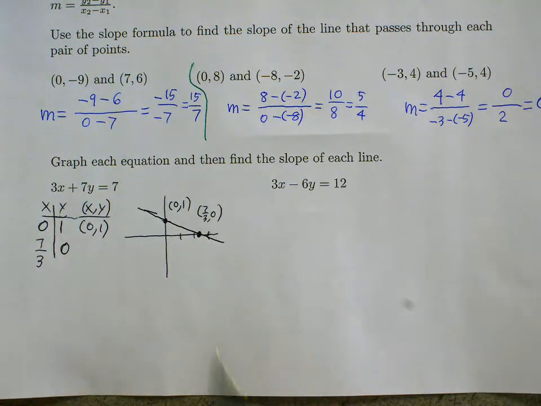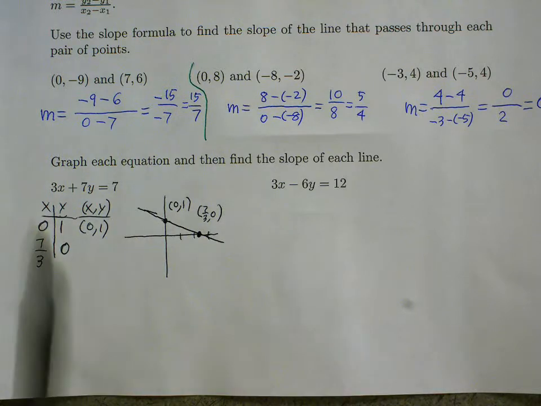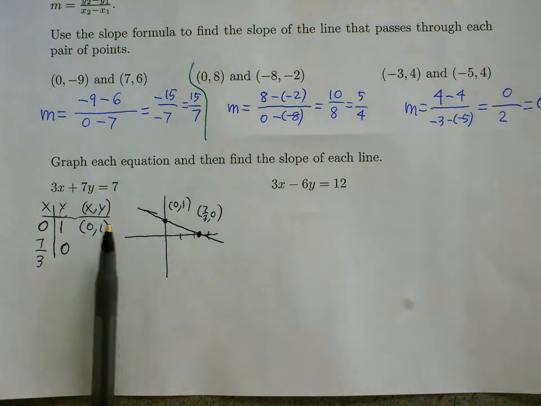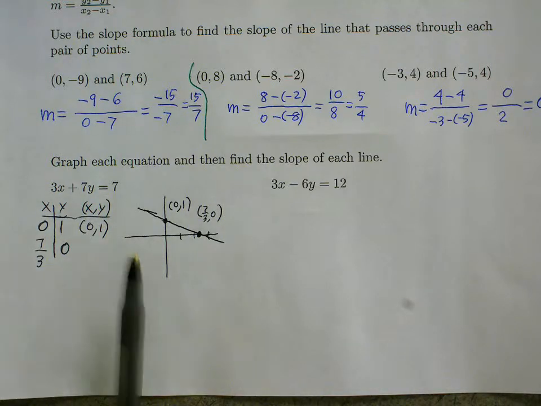So what does the graph tell us about the slope, even though we haven't found the slope yet? It's going to be negative. If we graphed the line correctly, the line is going downhill as you look at it from left to right. So that means if that's the correct graph, then the slope has to be negative.